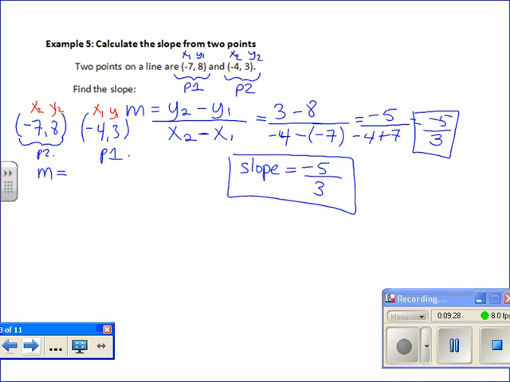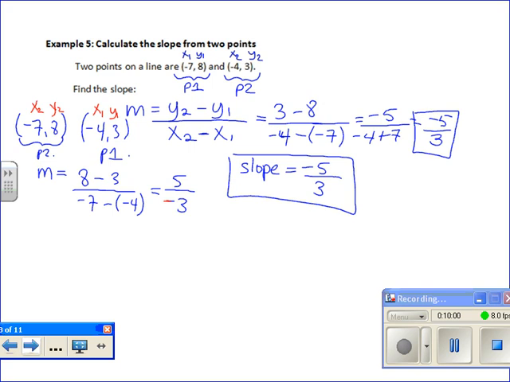If I put those values into my formula, y2 minus y1, I'll get 8 minus 3 over x2 minus x1, so negative 7 minus negative 4. Let's see what happens. 8 minus 3 is 5 on the top, and on the bottom I have negative 7 plus 4, which is negative 3. This negative sign right here on the 3 needs to come out front.